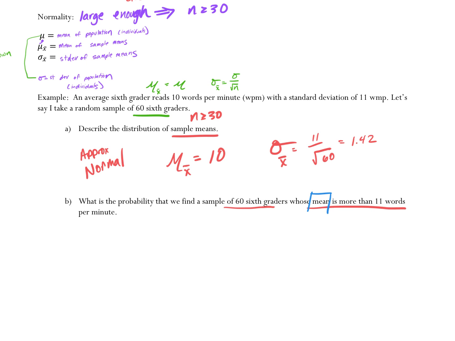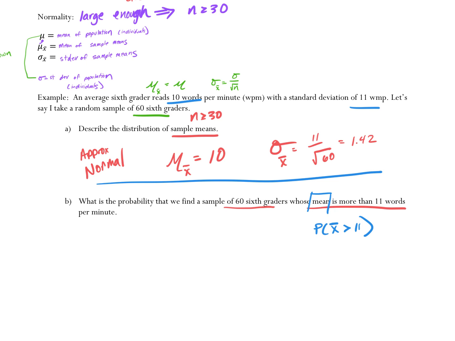I'm not finding the probability that an individual sixth grader is reading more than 11 words per minute. I'm finding the probability that a sample mean is greater than 11. And if that's the case, I want to compare that sample mean not to the numbers for individuals, but to the ones that describe the sample means, which is why we did this part in the first place.